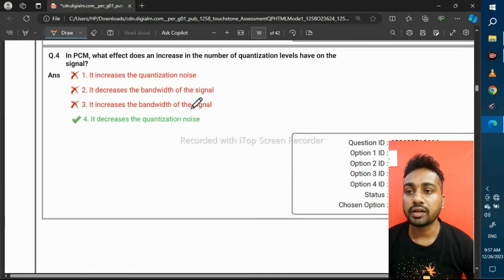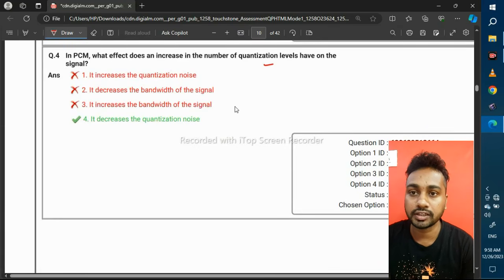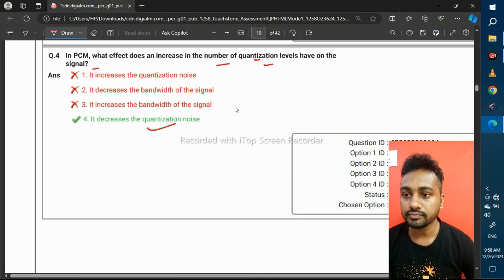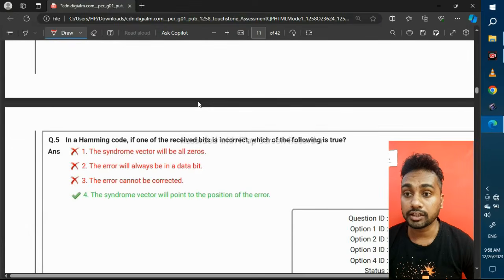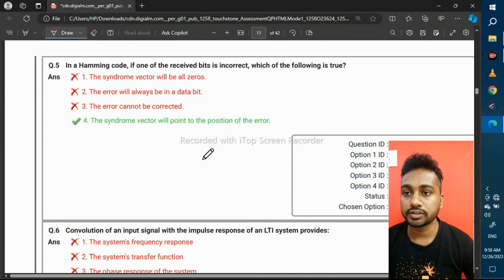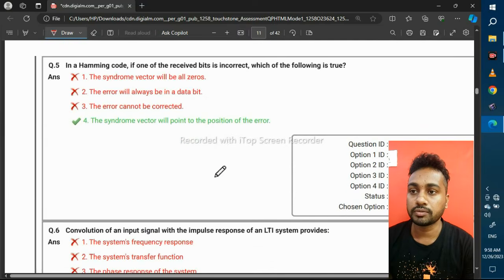In PCM, what effect does an increase in the number of quantization levels have on the signal? If we increase the number of quantization levels, then it will decrease the quantization noise. It's also correct.